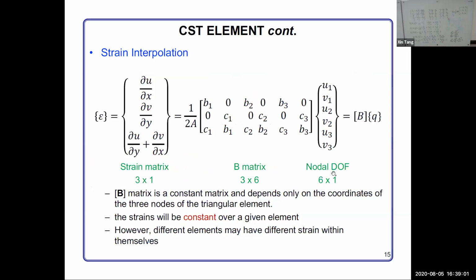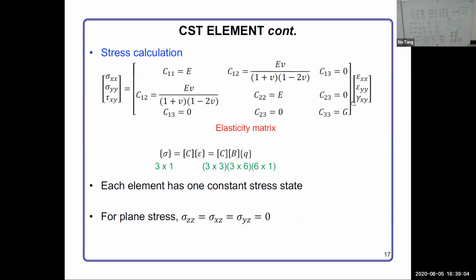The B matrix times the degree of freedom matrix Q. So then the stress matrix, 3 by 1, equals the elastic matrix 3 by 3, times the B matrix 3 by 6 we just talked about, times Q, the degree of freedom matrix 6 by 1, which is U1 V1, U2 V2, U3 V3. So 3 by 3, 3 by 6, 6 by 1 eventually gives you 3 by 1, so that eventually gives you the stress.